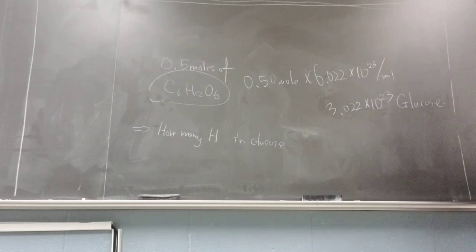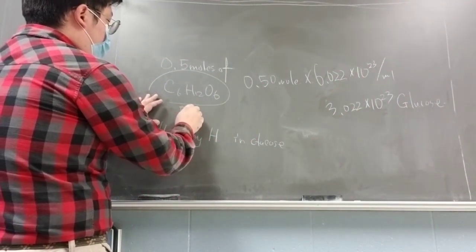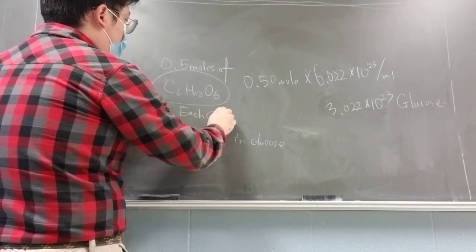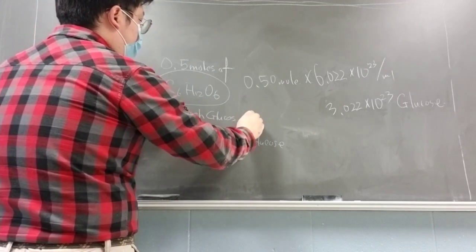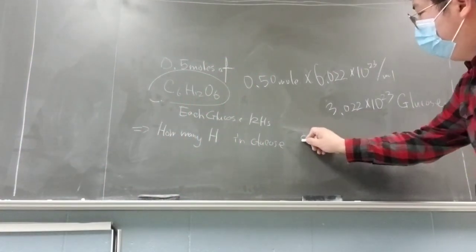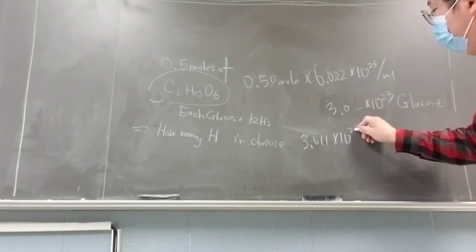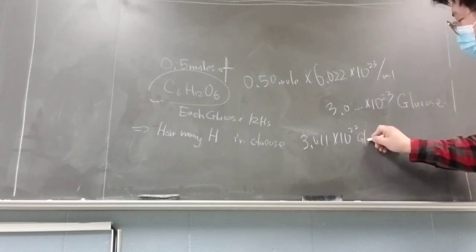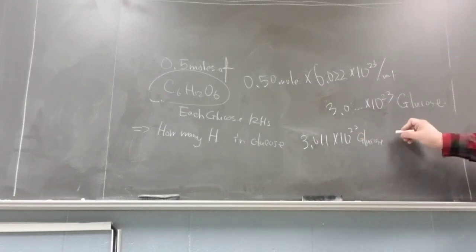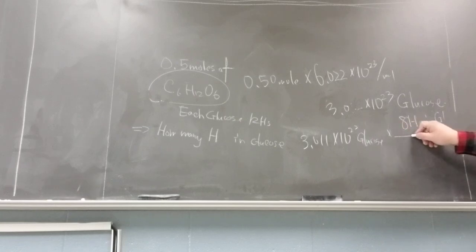Okay, the only thing you have to know is that each glucose has 12 hydrogens, right? So you have 3.011 times 10 to the 23rd glucose, but it has 8 hydrogens in each glucose, hydrogens over glucose.